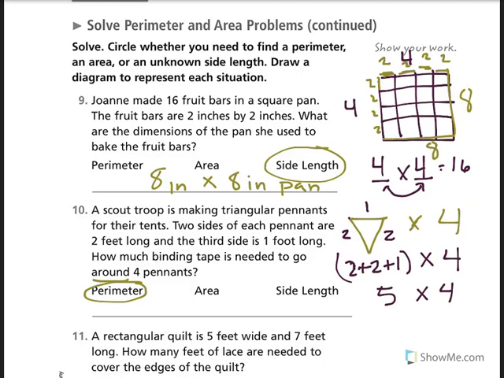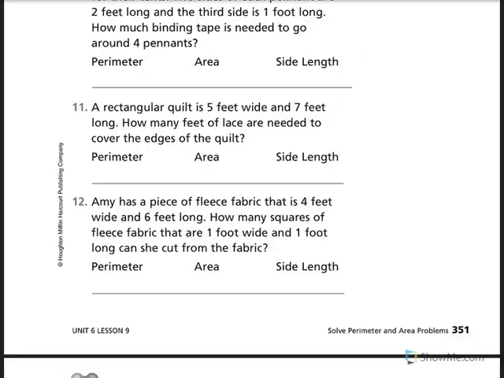So what we just did, 2 plus 2 plus 1 times 4, equals 20 feet. All right. Good job. Here we go.